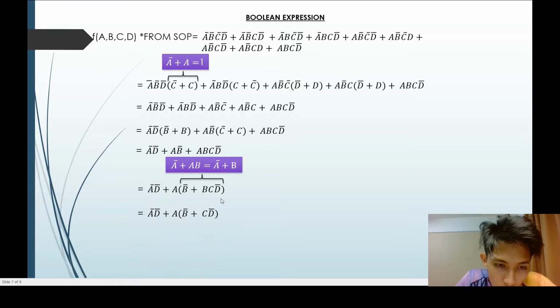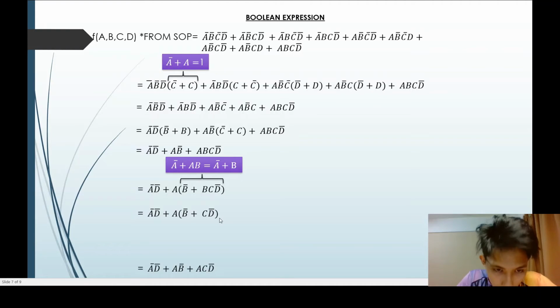So the result will be A bar D bar plus A B bar plus C D bar. So the B here will be eliminated because this one is B bar. This one is not B bar, so this side will be eliminated, the right side with the group of other inputs.